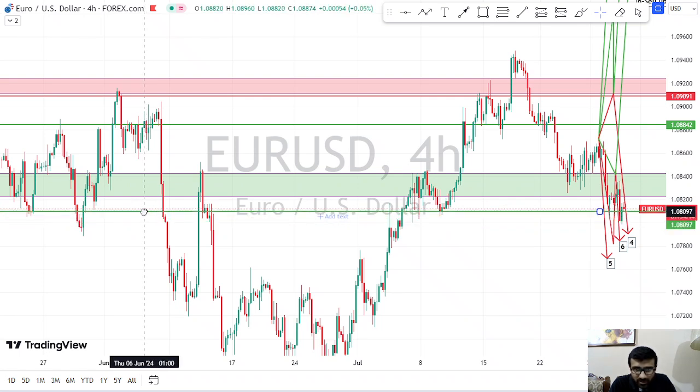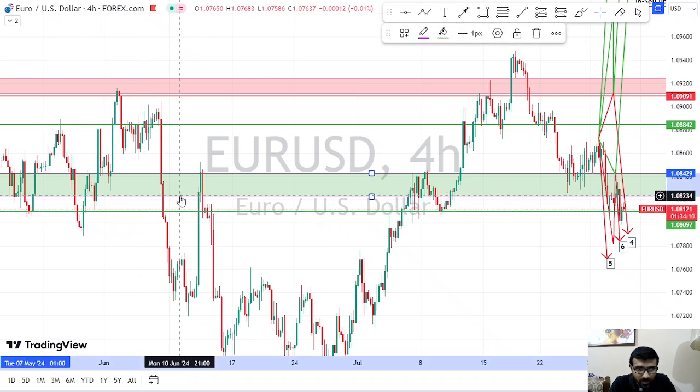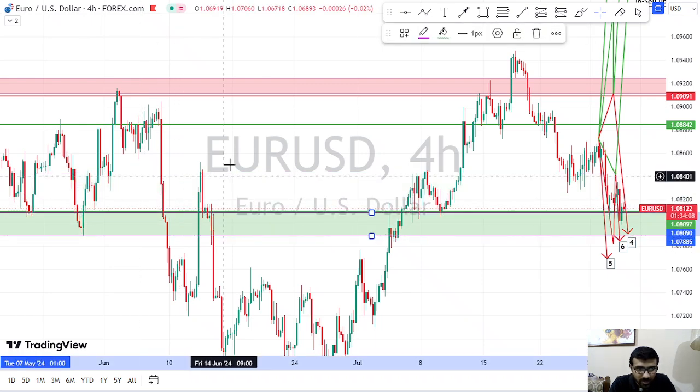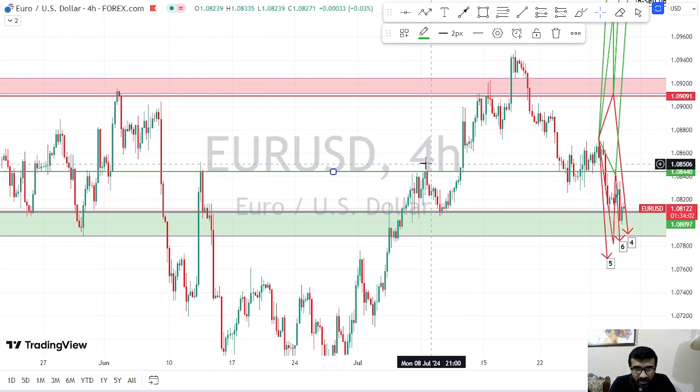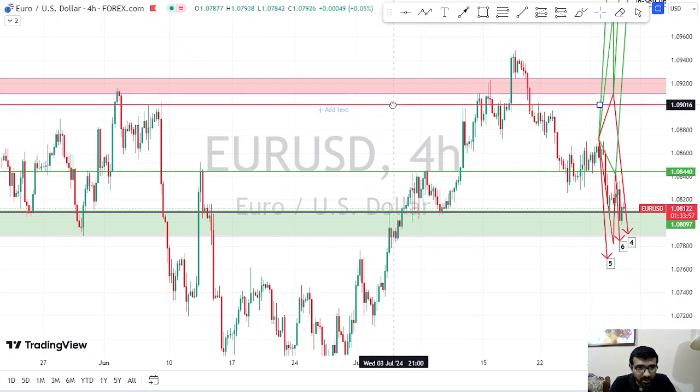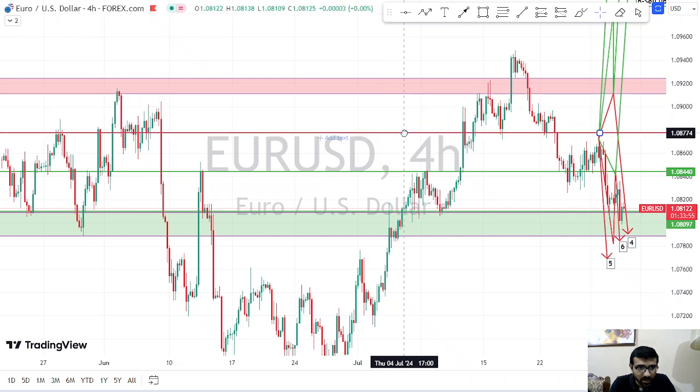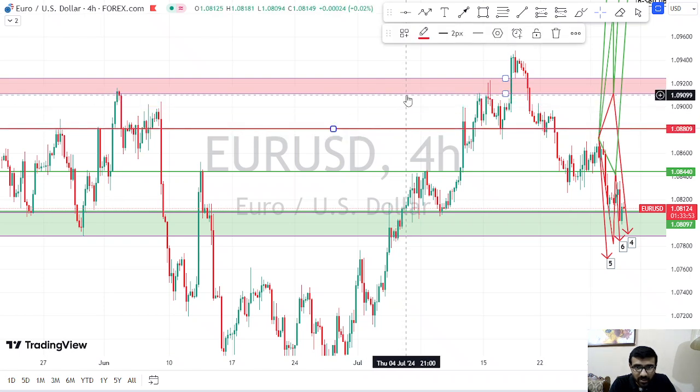So I think, yes, this whole area is going to come into play. Something like this. So our minor area of resistance will now be approximately over here, as this area has been respected over here as well. And our major area of resistance will now be approximately this area.